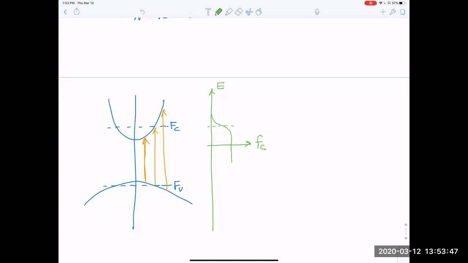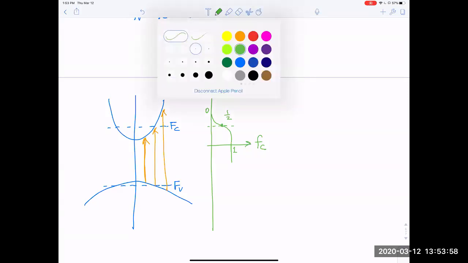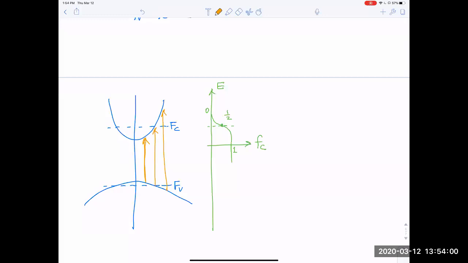Here is 1, here is 0, and exactly in the middle is 1/2. And if I look at the Fermi-Dirac distribution for holes, here is Fv, and if I draw my axis of Fv, it has a similar distribution.